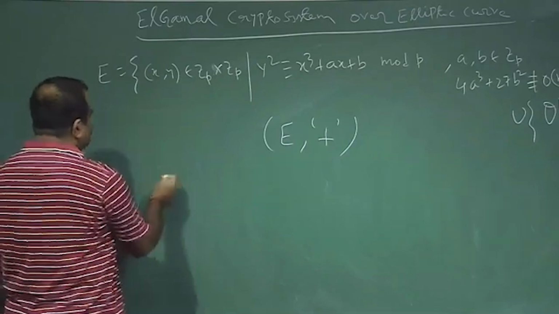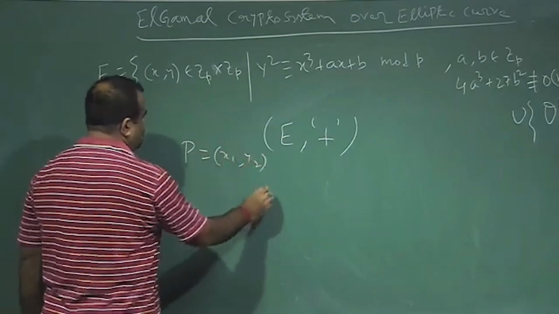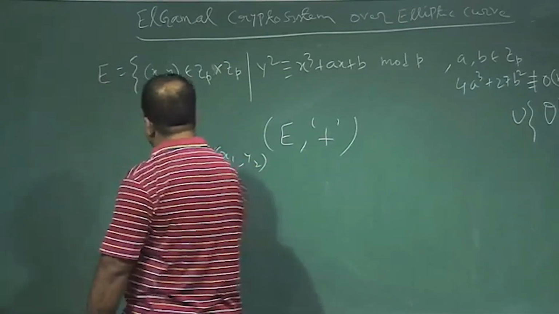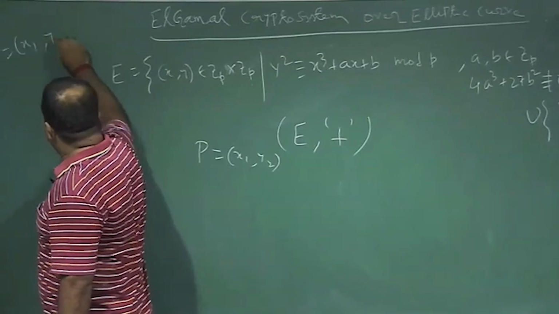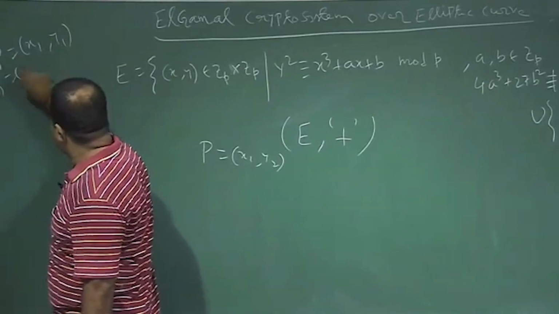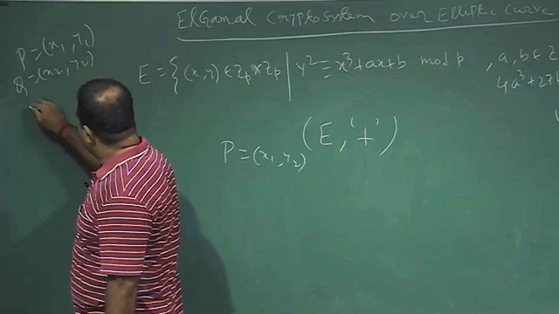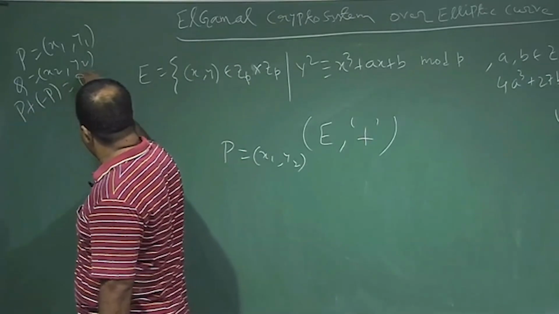If you take any two points P and Q, say P is equal to x1 y1 and Q is equal to x2 y2, and if Q is equal to minus P, then the sum is the point at infinity.